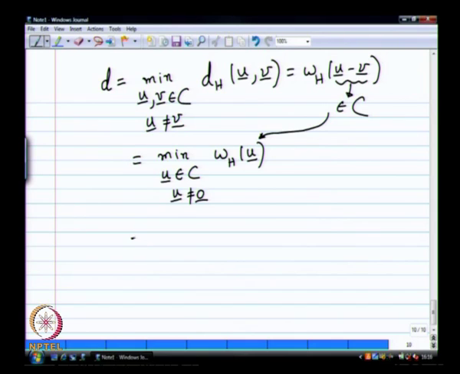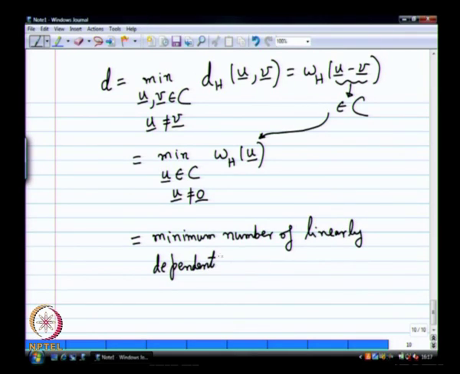So, D also happens to be the minimum number of linearly dependent columns of H. Once again, this is a very hard quantity to compute, like I said, it is one of those NP-complete things. You can't hope for an algorithm to quickly compute these things. It is a difficult combinatorial problem to solve.